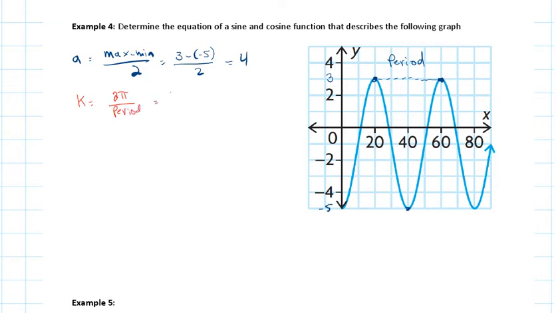So K is equal to pi over 20. Then to find C, it is equal to max minus the absolute value of A, which is 3 minus 4, so that equals -1. So again, in this case, the C value is -1.